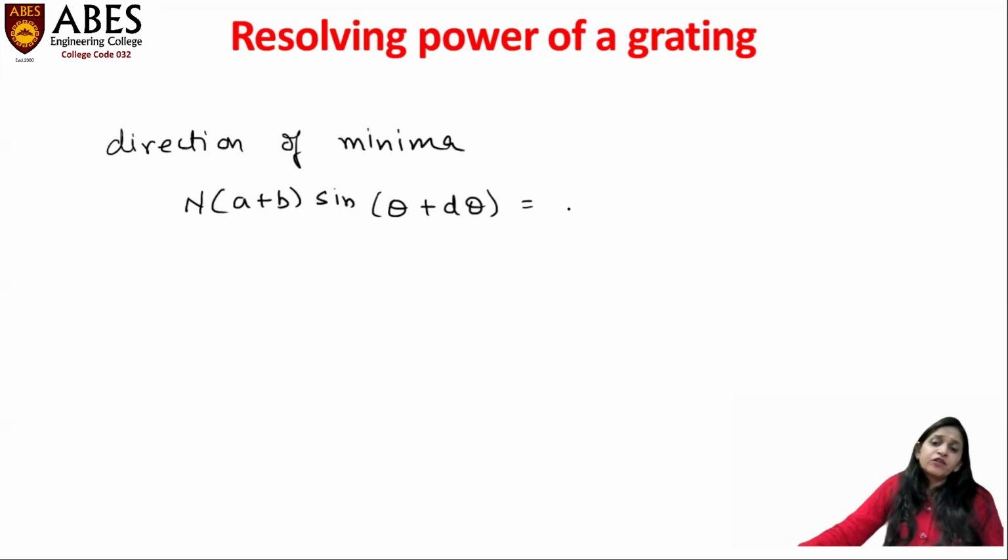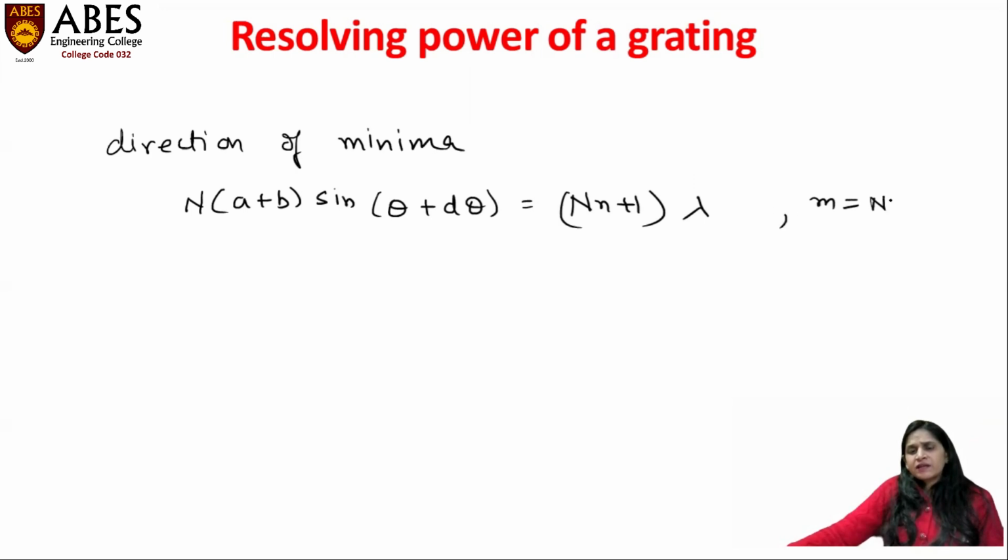And what will be the value of m in the direction of minima? The value of m will be n plus 1, because the minima is just forming by the side, at an angle theta plus d theta.